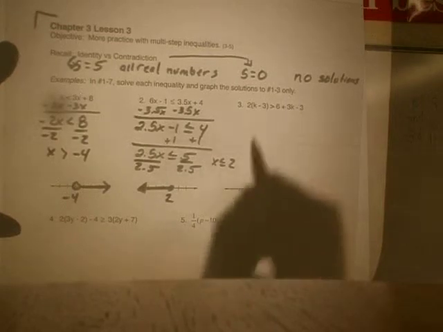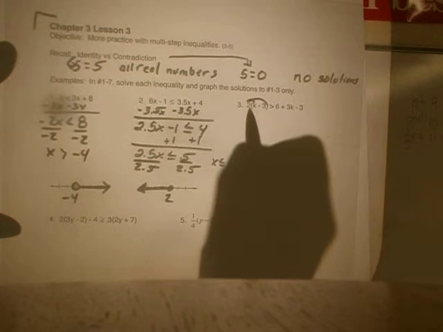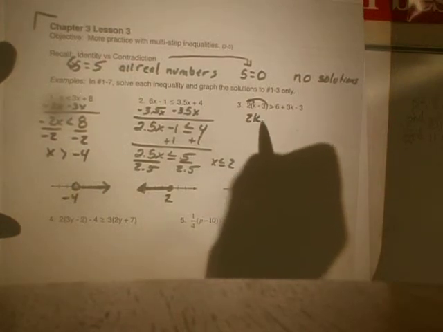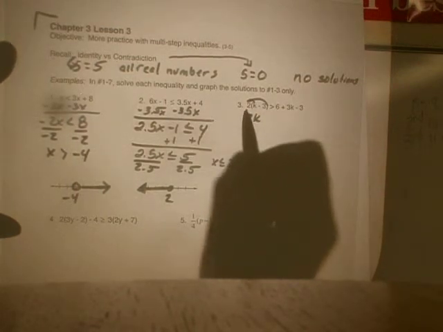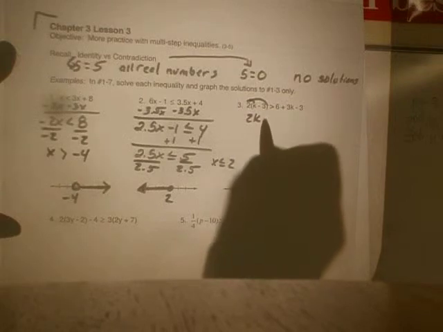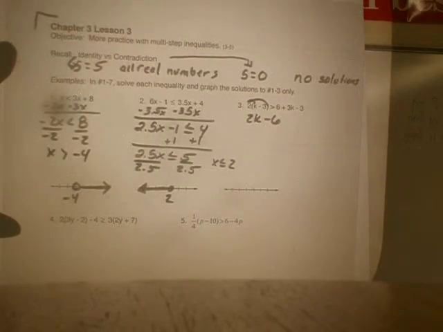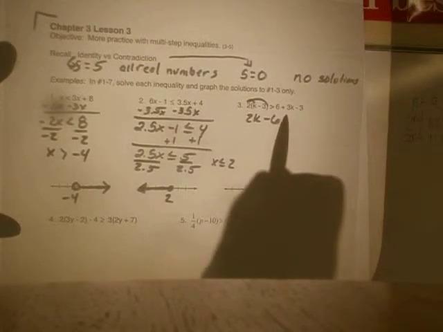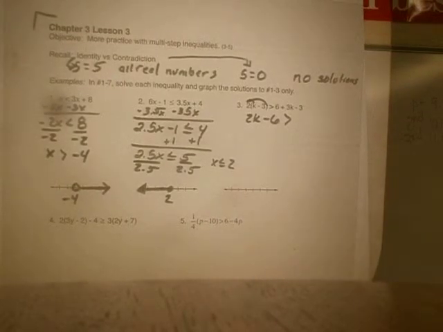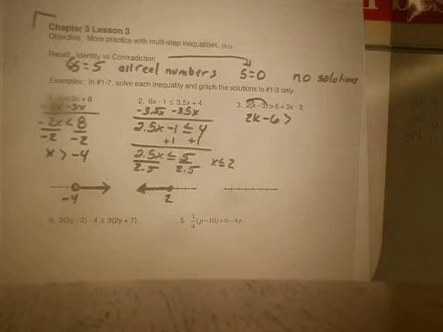Number 3, we need to distribute first. 2 times k is 2k. 2 times negative 3 is negative 6. Be careful with your distributing there. And on this right-hand side, I'm going to simplify some things. I'm going to combine like terms.